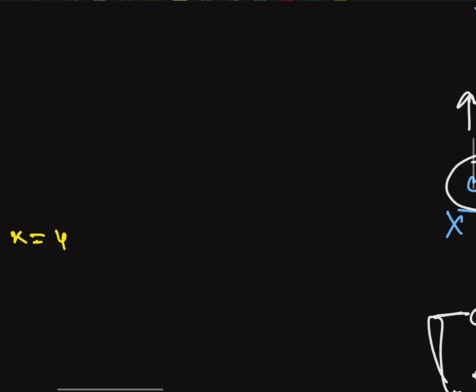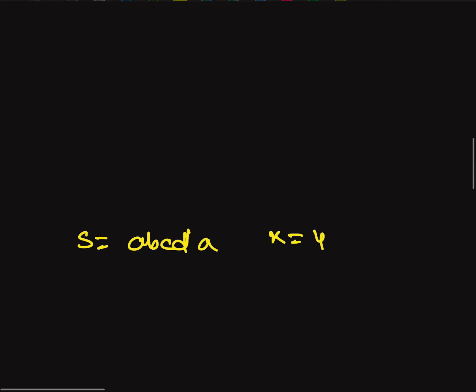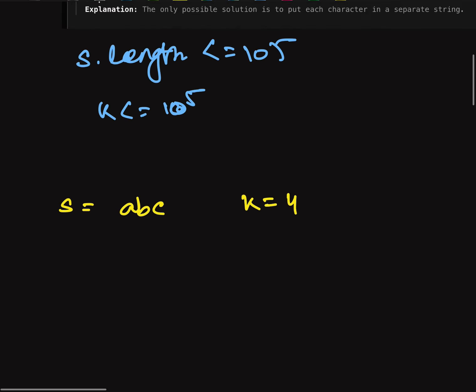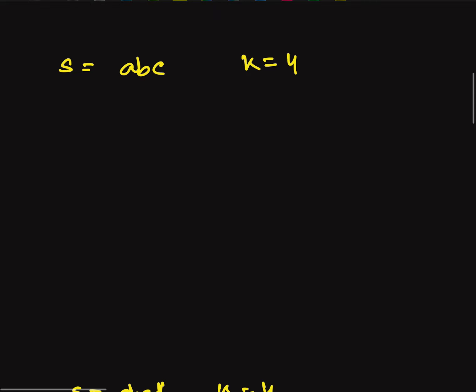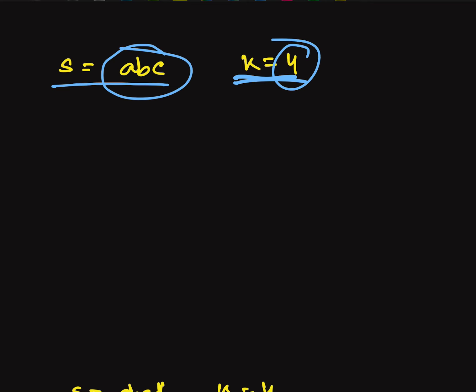Correct. Now let's see some examples that will make it easy to build the algorithm or logic. Here the string is ABC and we want to generate 4 palindrome strings. Is it possible? First of all we have to check that. Here 3 characters are present in total, and we want to generate 4 palindrome strings.